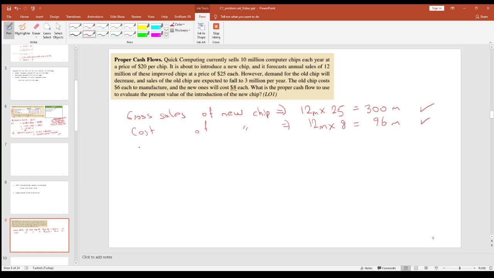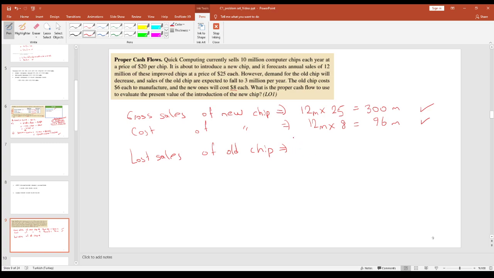It hasn't been done yet. I also need to calculate the lost sales of the old chip, as given here. This will be a decrease in my gross cash flow.